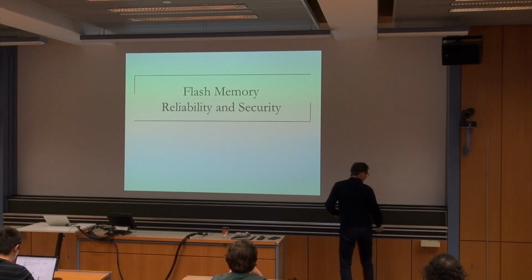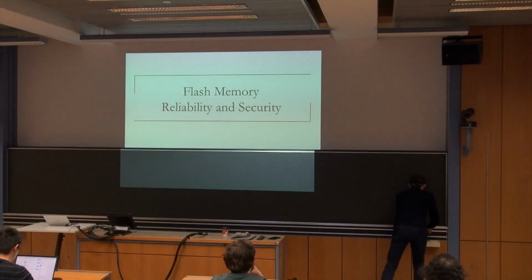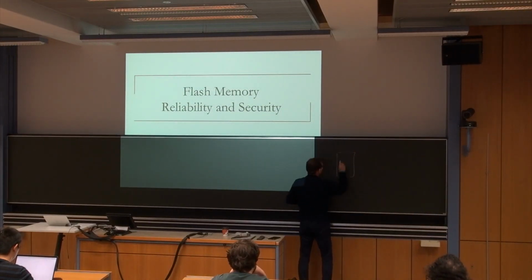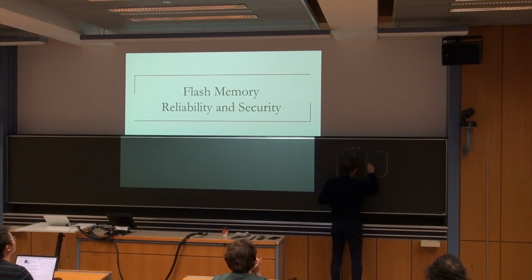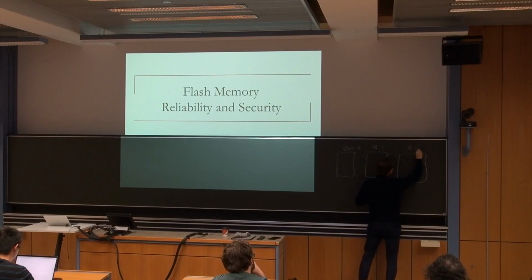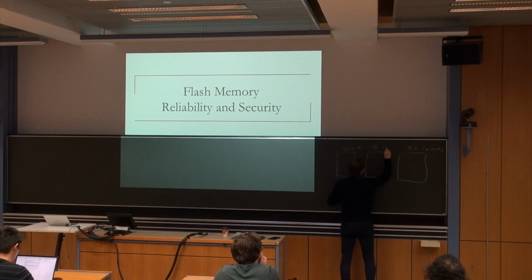Actually, let's give an example over here, if we can. So we have block 0, let's say block 1, block 2. Let's say this is completely erased somehow. And this is the block that you're writing to.